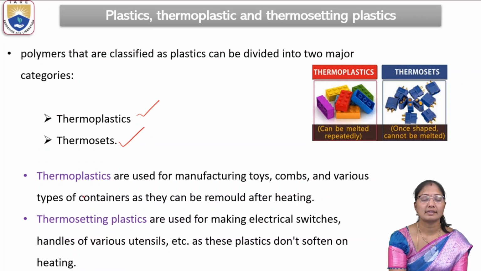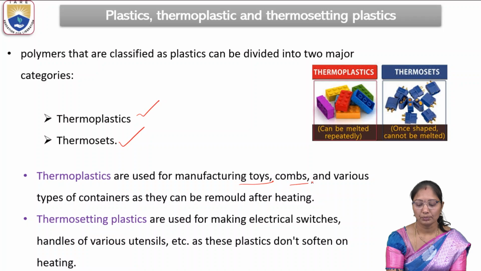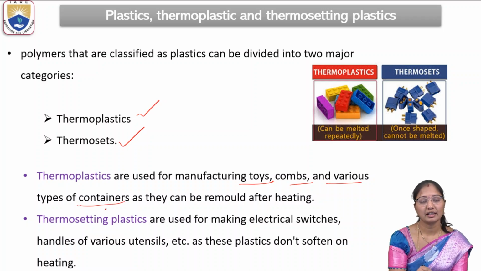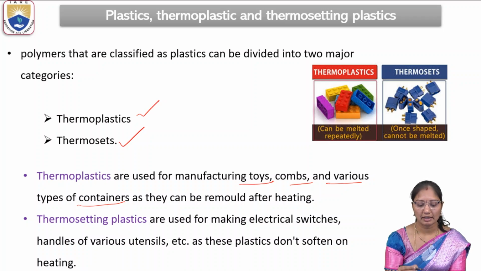Thermoplastics are used for manufacturing toys, combs and various types of containers, and can be remolded after heating. They can be molded and remolded, and can be recycled.